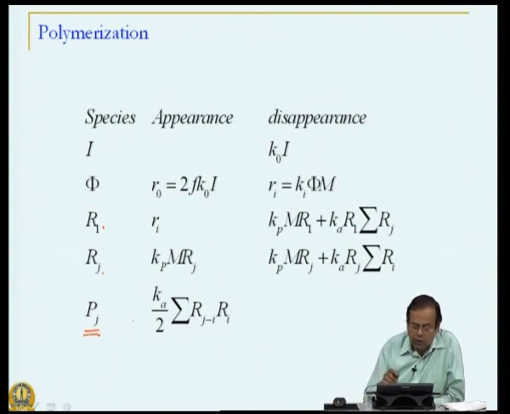So, we now invoke the quasi steady state approximation for this species. What does it mean? That means d phi dt, for example, is its appearance rate minus disappearance rate. That is true for any species, right. The formation is a balance between appearance and disappearance.